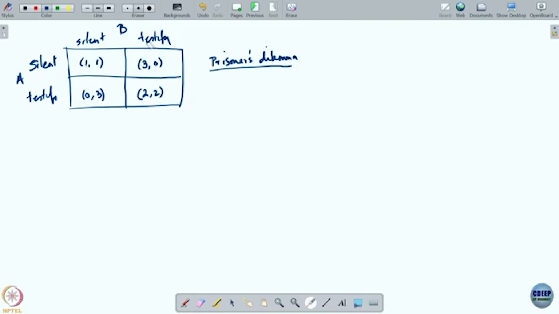Likewise the same for player 2, and as a result, irrespective of the strategic considerations at play, it is logical for a player to play testify, and therefore both players would play testify.